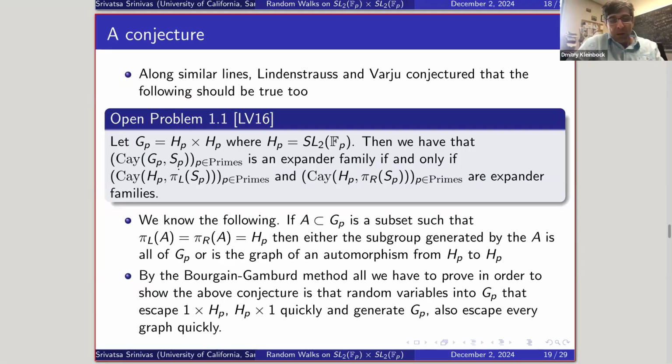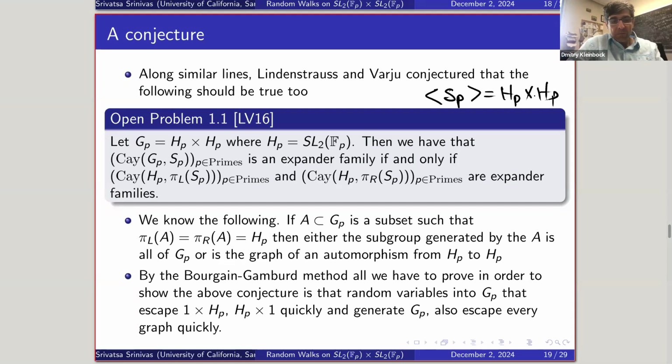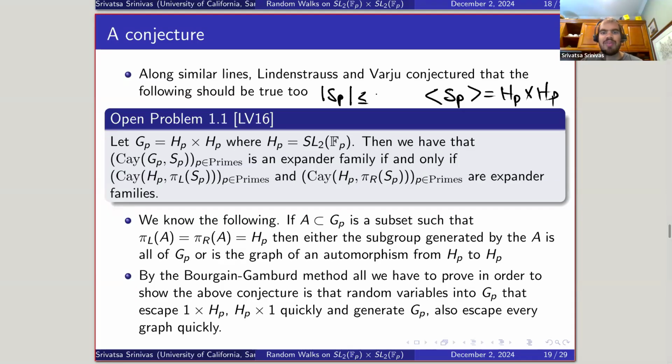Any question? Maybe I missed it, but what do you assume about SP? SP, okay. SP just generates HP cross HP over here. So just any generating set? Any generating set. Okay. Right. So if you have any generating set, they ask the following. Implicit in my definition of generating set, SP is bounded above by some K for all P inside primes.